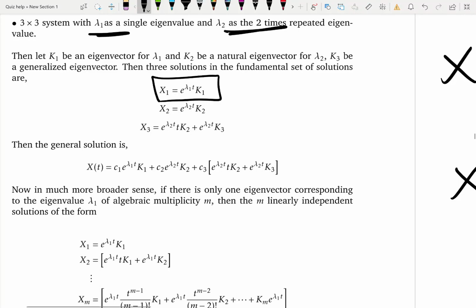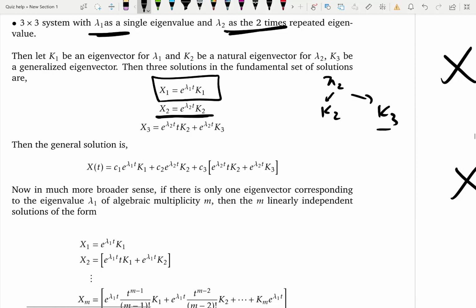That's non-repeated, so leave him be. That's a normal one. Now x2: you have lambda 2 repeated twice, so we will get k2 naturally. We will get one eigenvector naturally for sure. Then the generalized one will be k3. Understand that. So we can write the second solution as e^(lambda 2 t) times k2.